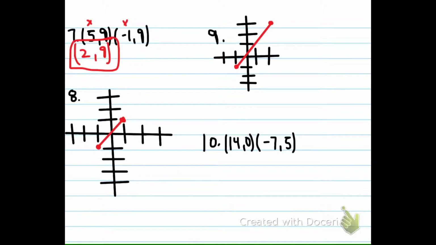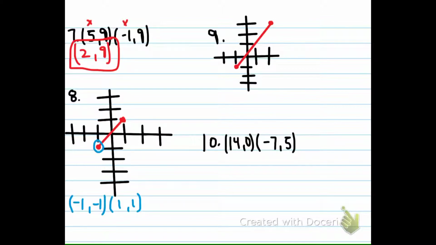For number 8, we have to first write down the points. So our one point is -1, -1. And then our other point is 1, 1. So -1 plus 1 is 0.